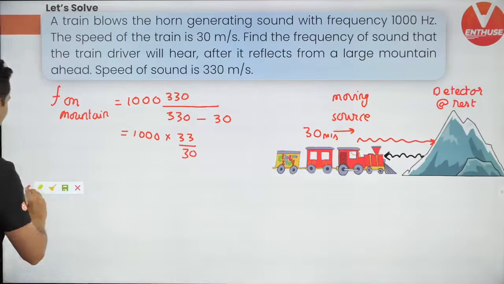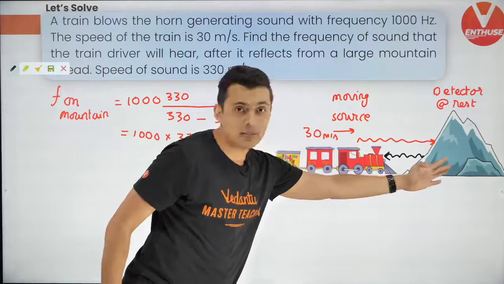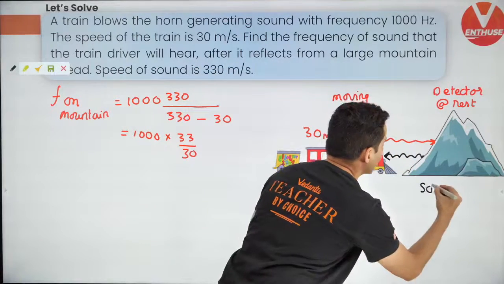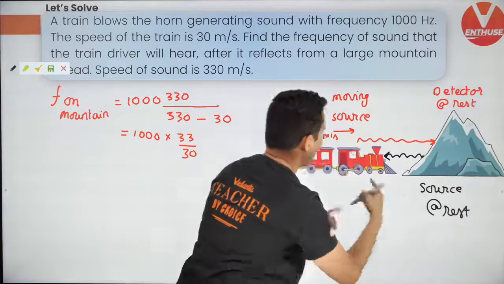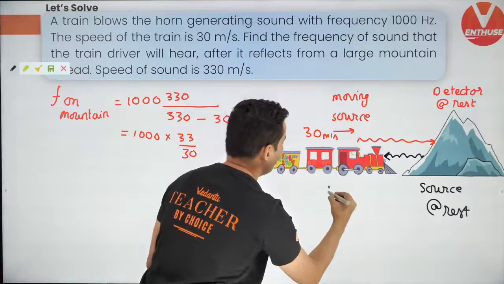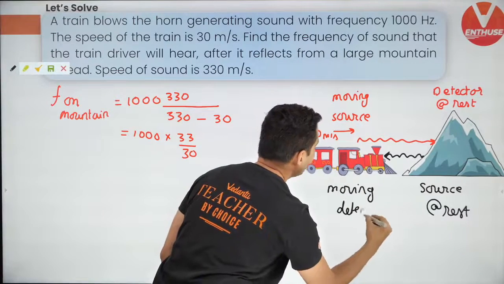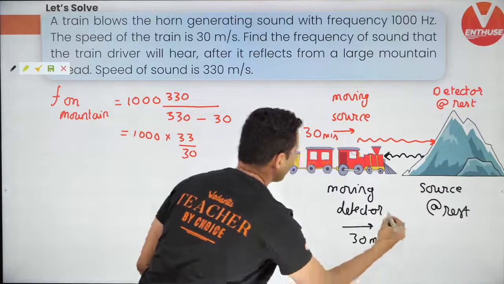Keep this in mind. Next up, whatever frequency falls on the mountain will be reflected back. Now the mountain will behave like a source at rest, and the driver in the train will behave like a moving detector with a speed of 30 meters per second.